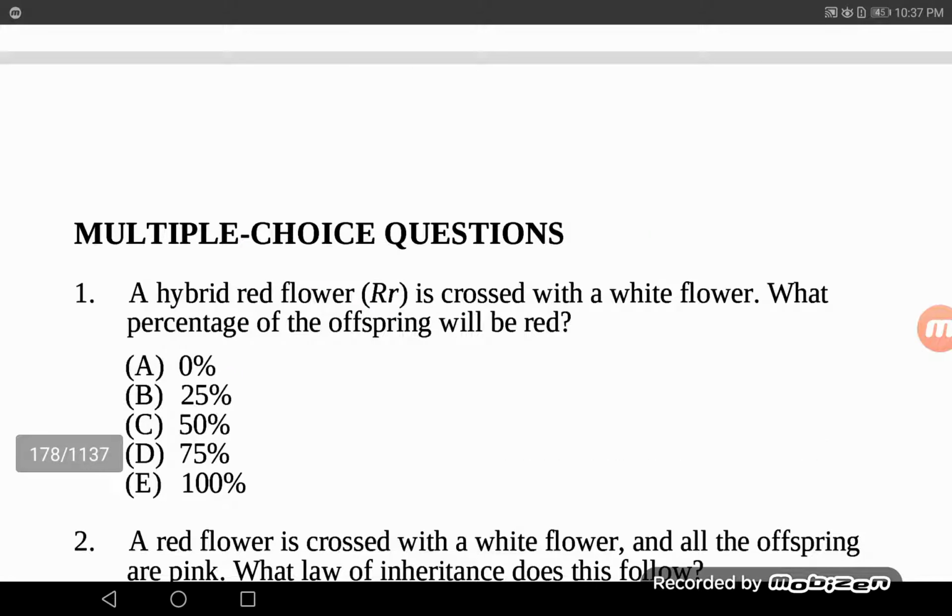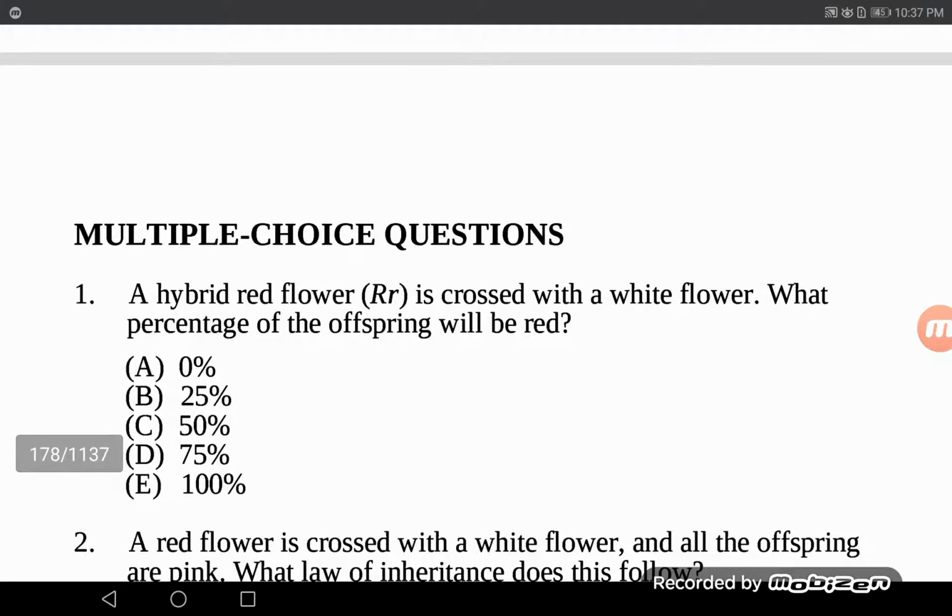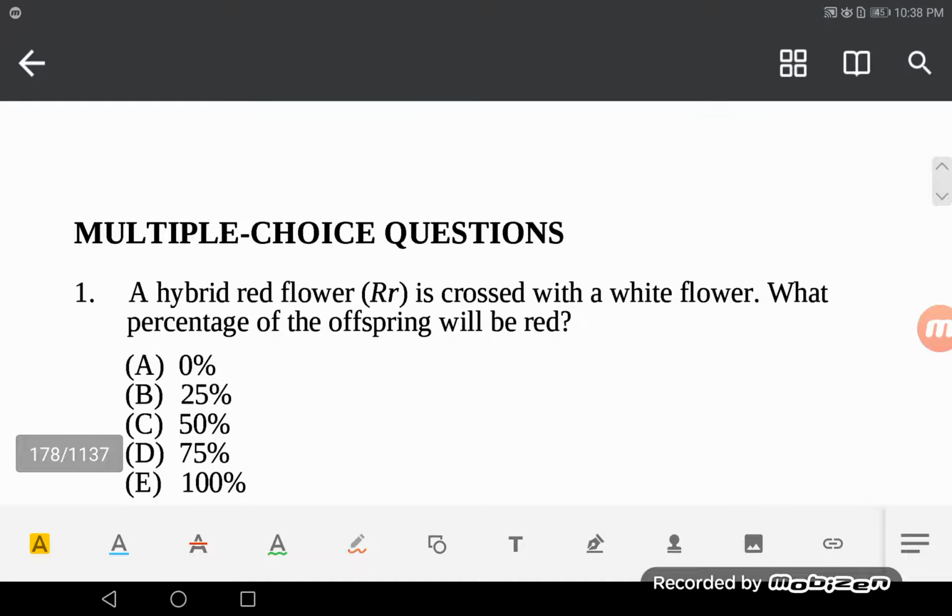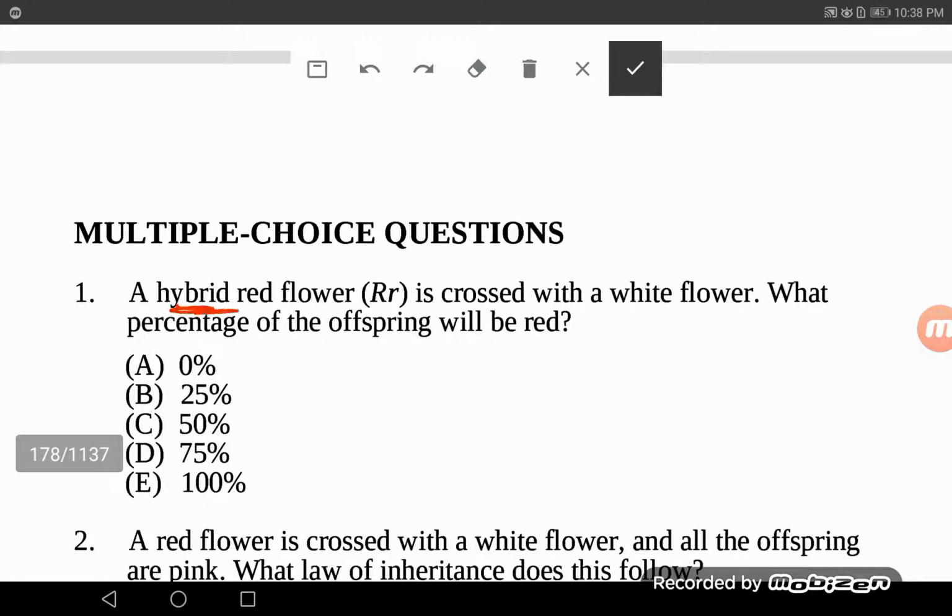Now let's start with the first question, which says a hybrid red flower. When we say hybrid, what does it mean? It means heterozygous, or we have one dominant and one recessive allele, one capital letter and one small letter.